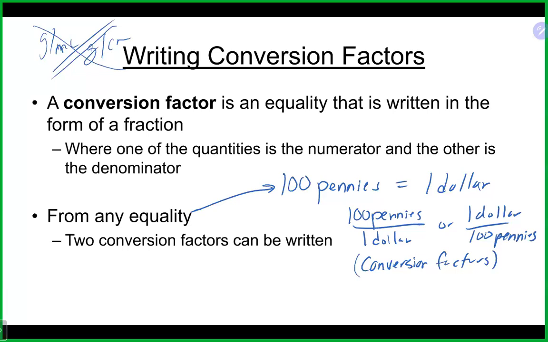If you have something that has 2 units, like 4.2 grams per milliliter, you could use that as a conversion factor. The number usually stays with the top unit, and the bottom unit is usually 1. So you could do 4.2 grams over 1 milliliter, or 1 milliliter over 4.2 grams.